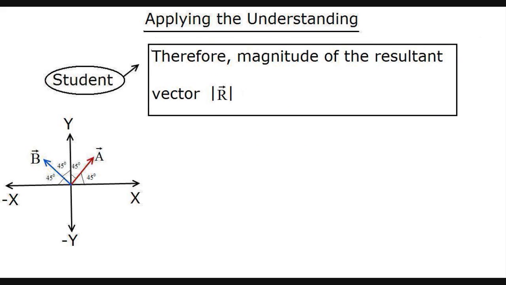Therefore, magnitude of the resultant vector is equal to 6 divided by root 2, which is equal to 3 root 2.